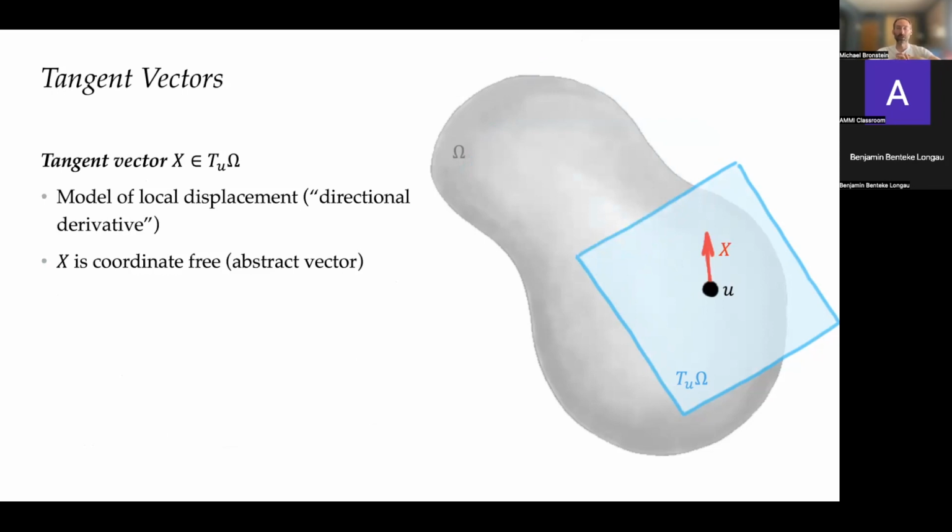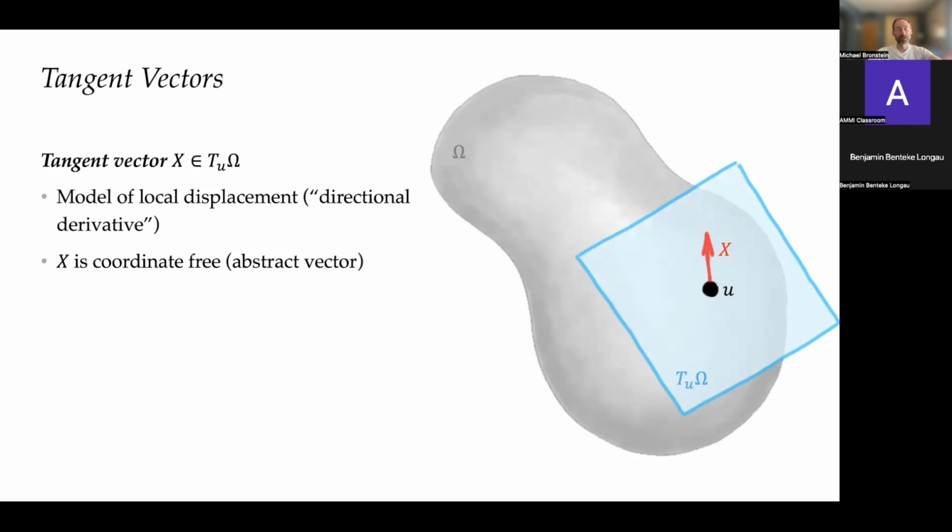We can then identify them with directional derivatives. What is important to understand about vectors in geometry in general is that they're coordinate-free. These are abstract geometric structures. I don't know how you were taught about vectors, but often you're told that a vector is an arrow, or you can think of it as a kind of array of numbers. Both views are incorrect.